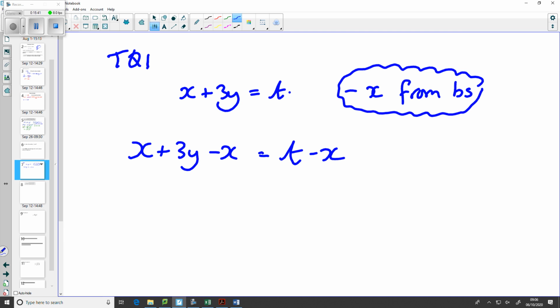And that means these two x's cancel out, because plus x minus x means nothing. So we are now left with, having cancelled on the left hand side, 3y is equal to t minus x.